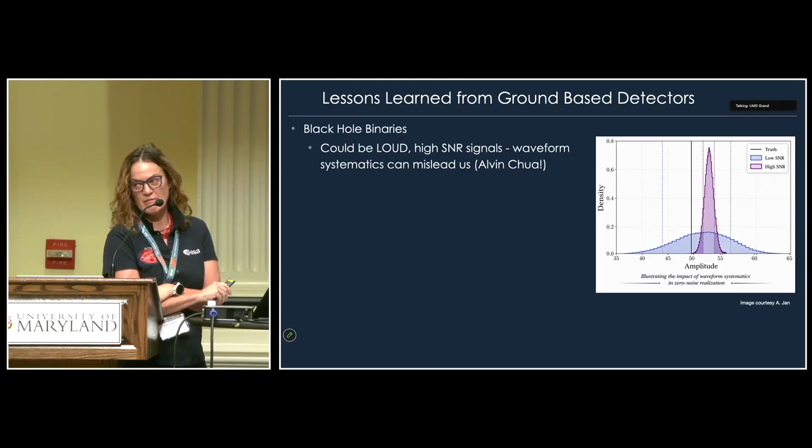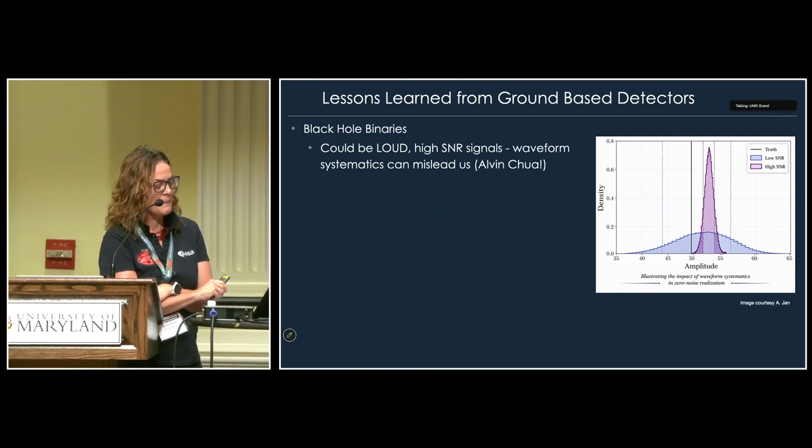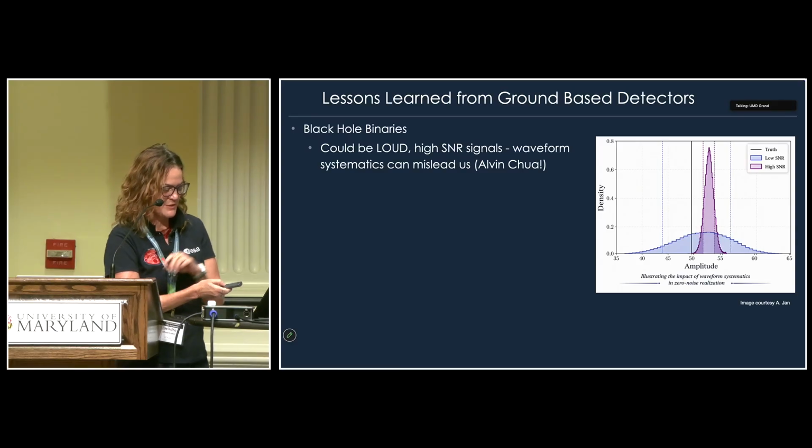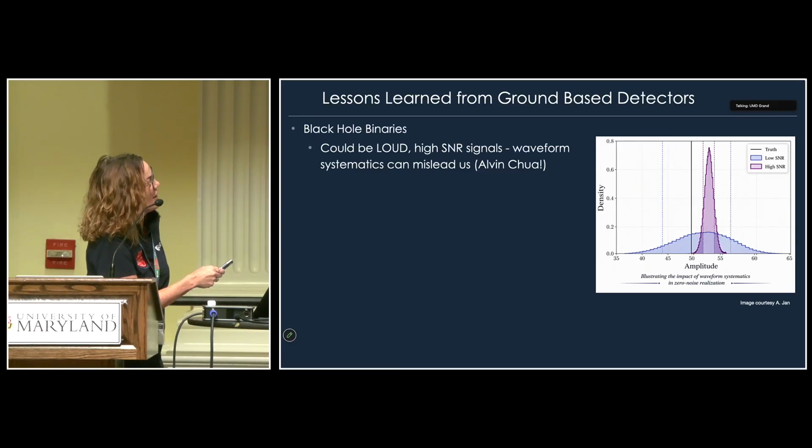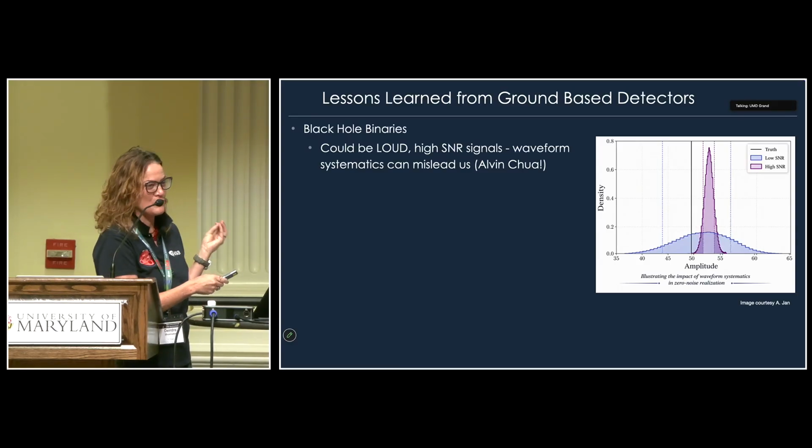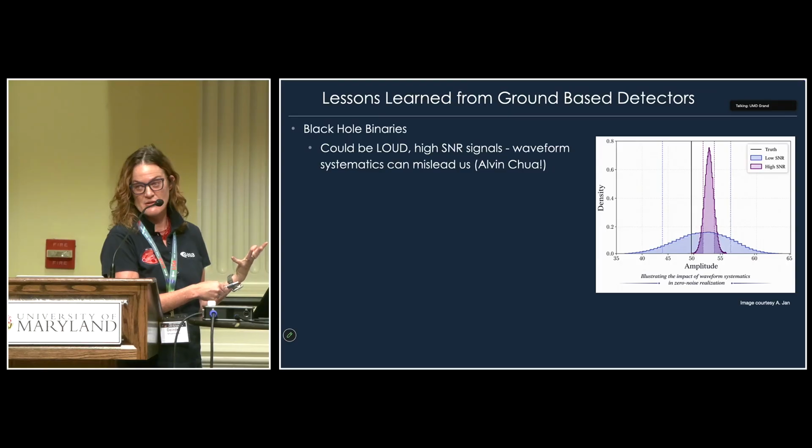So we can't just take everything we've learned from the ground-based detectors whole. Because of course, with LISA, we expect louder signals, which means higher SNR, we expect longer signals, et cetera. But you can see, Alvin didn't show this plot because my student made it for his PhD, but this one told a story to me because I think I was a little bit naive in understanding what it meant to have a high SNR signal.